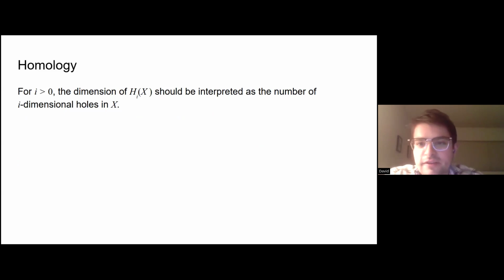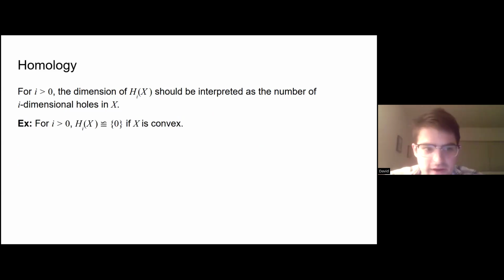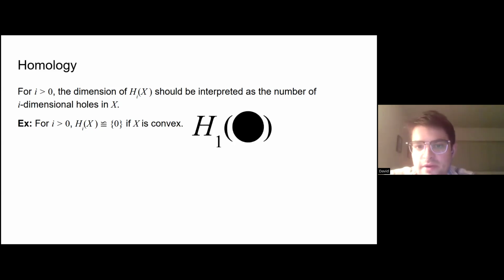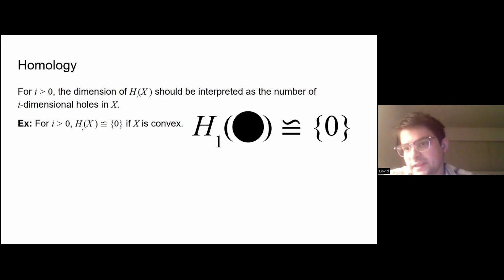But I'd say one way of interpreting H_i of X for positive i is that it's telling you about the number of i-dimensional holes in your shape. For example, if your shape is convex, all of the higher degree homology vector spaces are going to be trivial because there are no holes in a convex shape. So H_1 of the solid disk has to be trivial because the solid disk is convex.